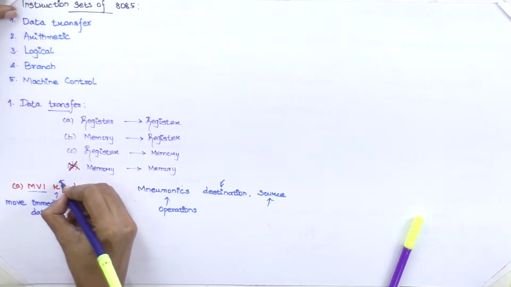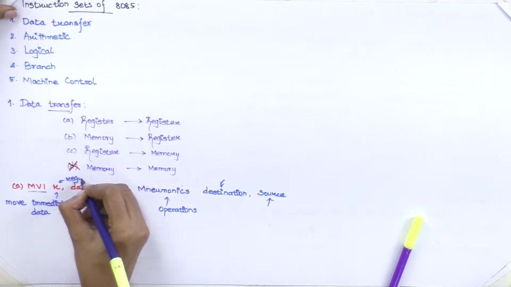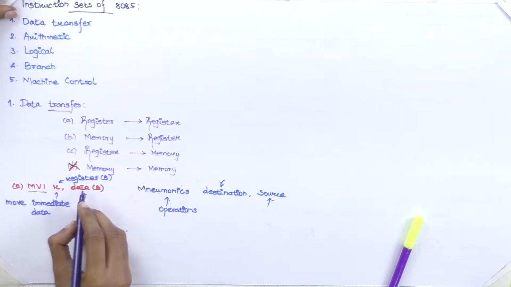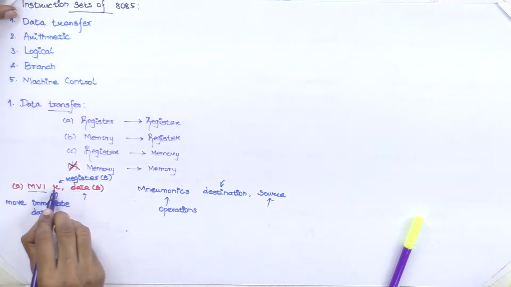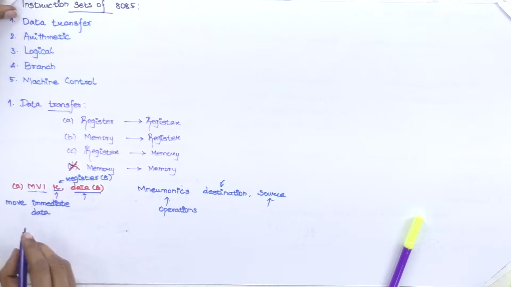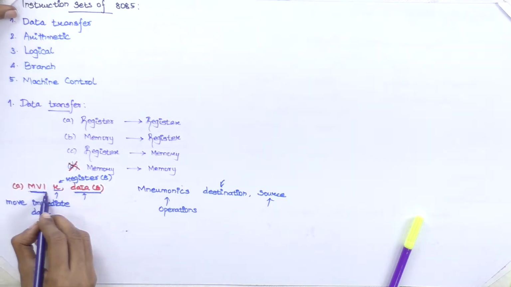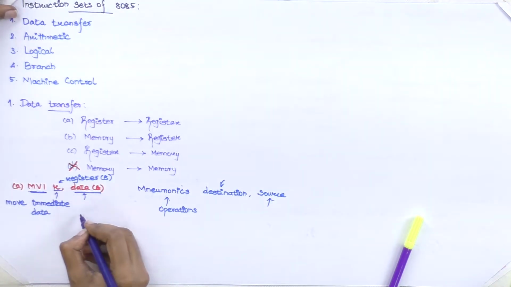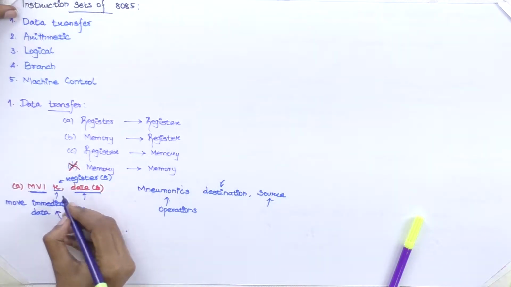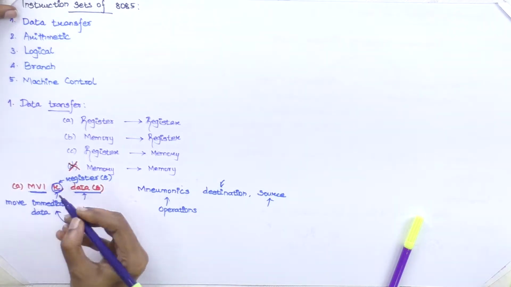Here R represents a register, that too an 8-bit register, since you are transferring 8-bit data. Data is your input value. So what this instruction will do is, it will move the 8-bit data to the register that we have mentioned in the instruction.